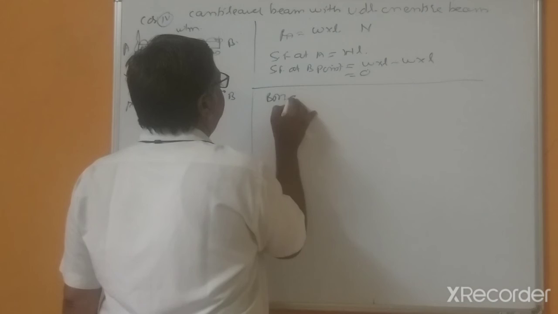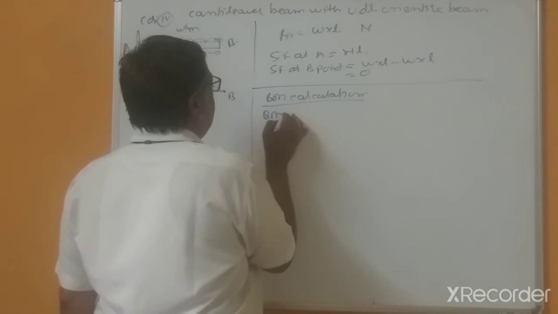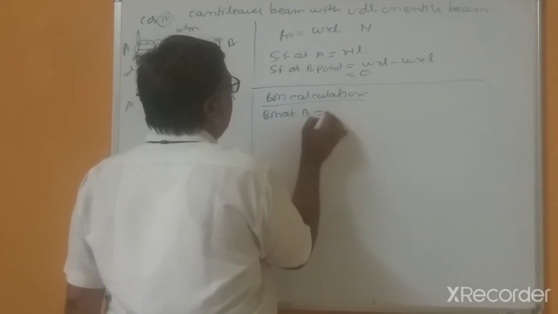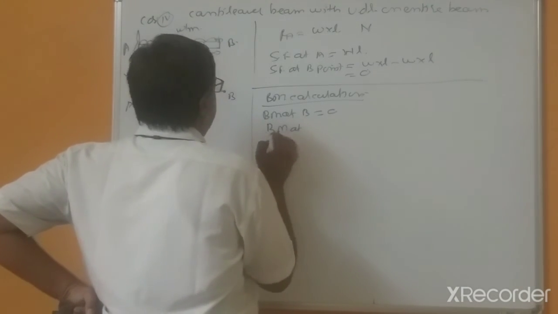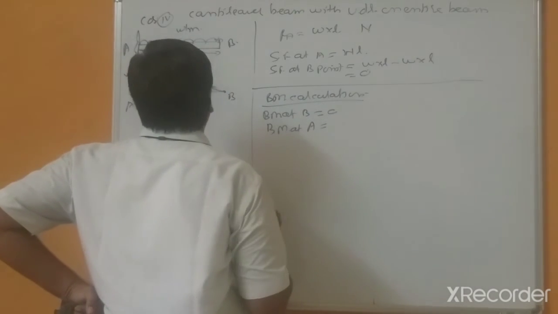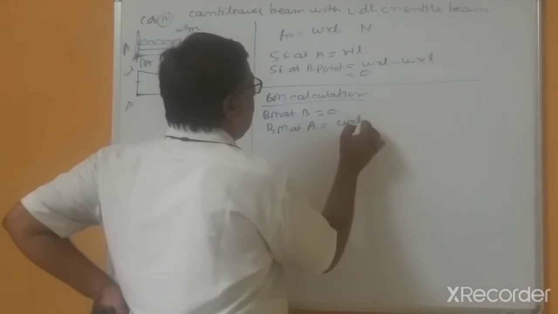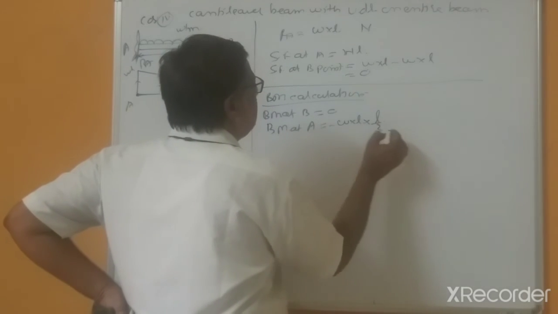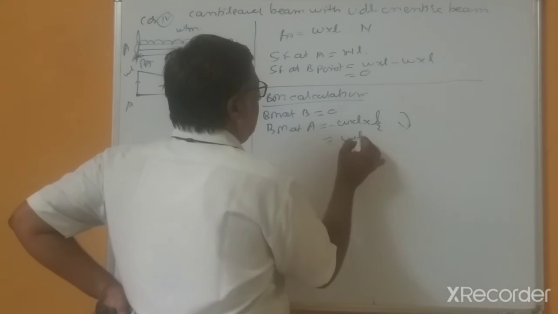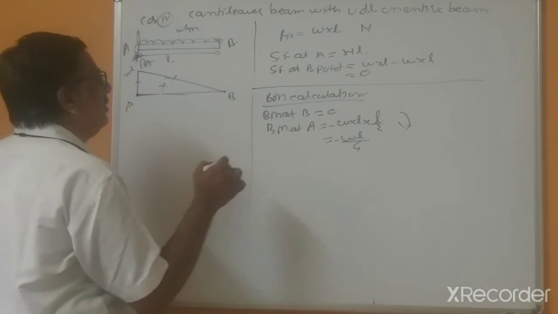Now bending moment calculation. Bending moment at B point equals 0 and bending moment at A point equals, in this case, W into L multiplied by center of gravity located at half of its distance, and this is clockwise, so that's why WL by 4... this is bending moment at A point.